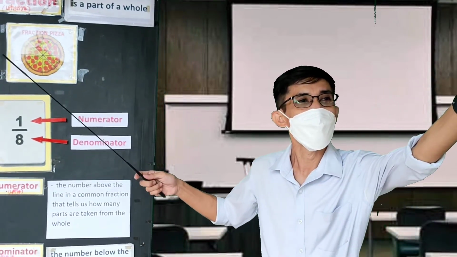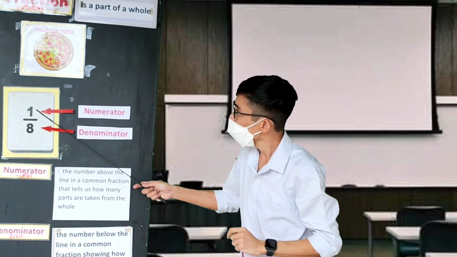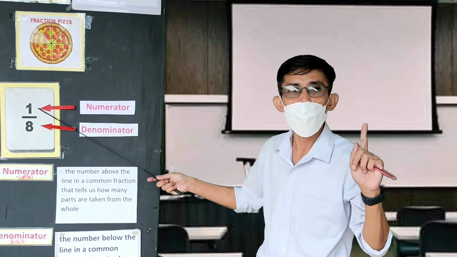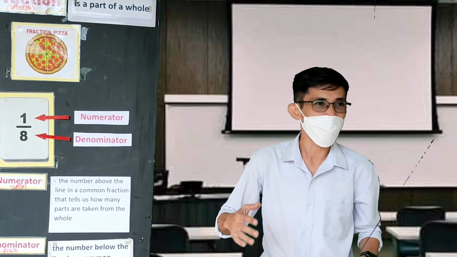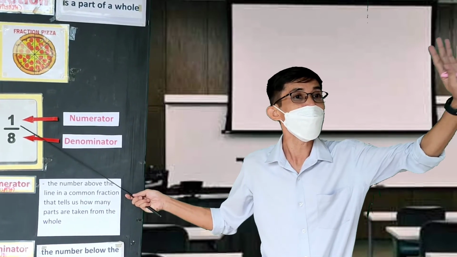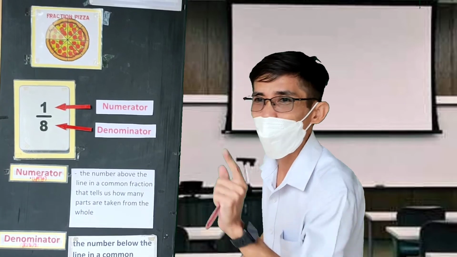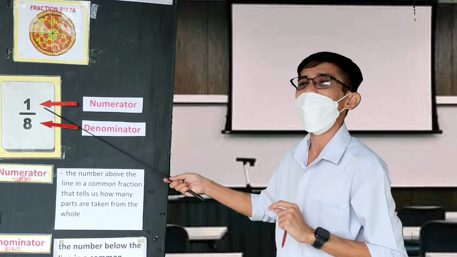Okay, Karunya, please read this again. Okay, very good. This is read as 1/8. Very good. Is there any other way we can read this fraction? Anyone? Okay, Manuel. Very good. We can also read this as one eighth.